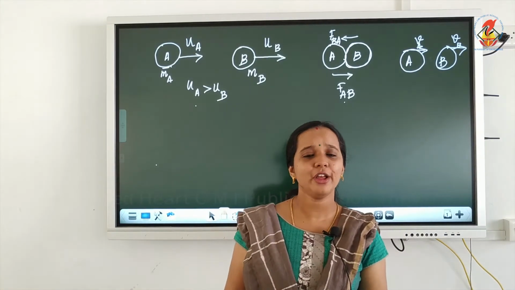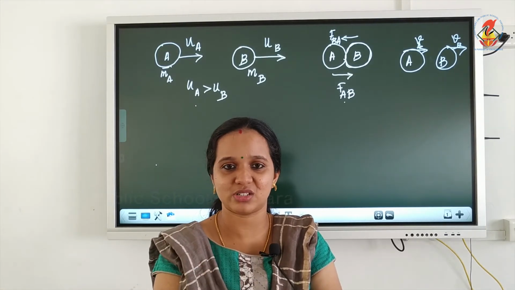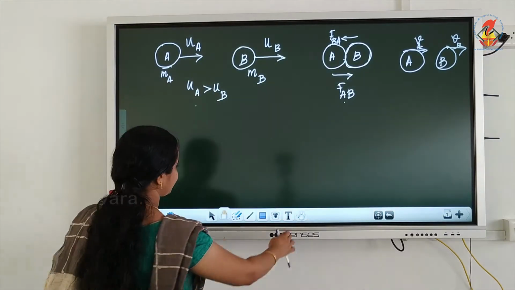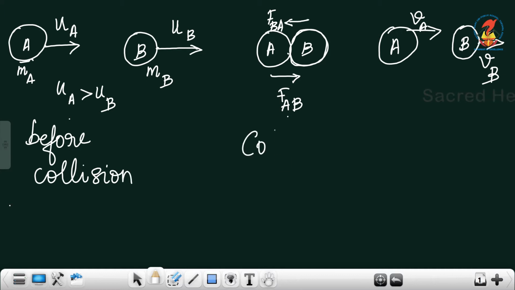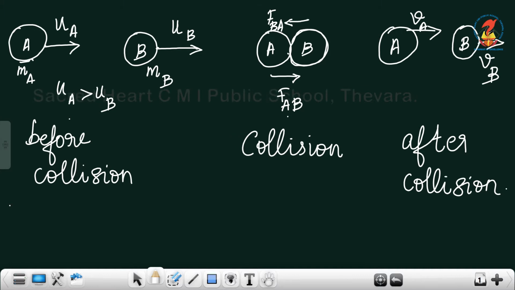Even after collision, due to the force experienced by them, they will move but with different velocities, that is Va and Vb. So, this is the case before collision. This is the time of collision. This is the case of the objects after collision.